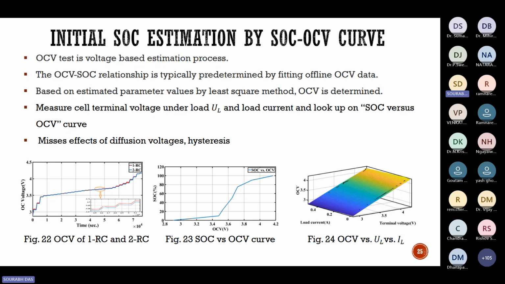If we write the OCV as a function of the terminal voltage and IL, and we know the values of UL and IL, then we can get the OCV value.